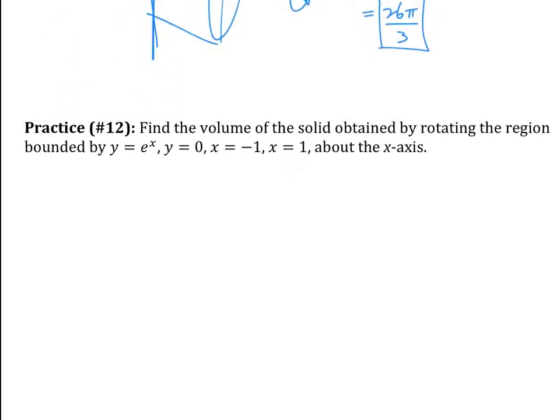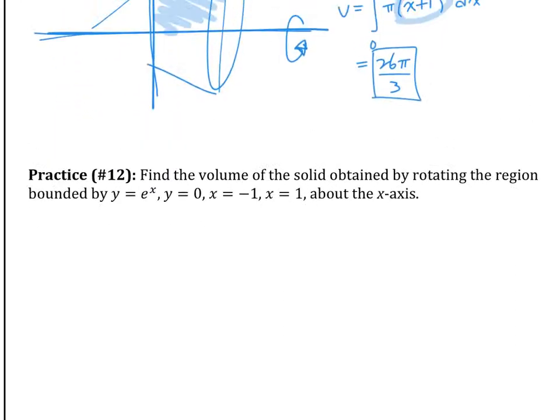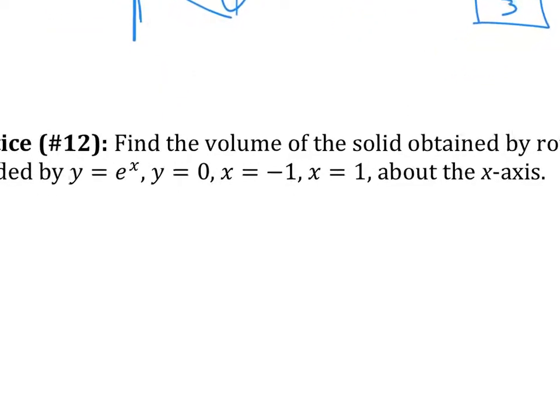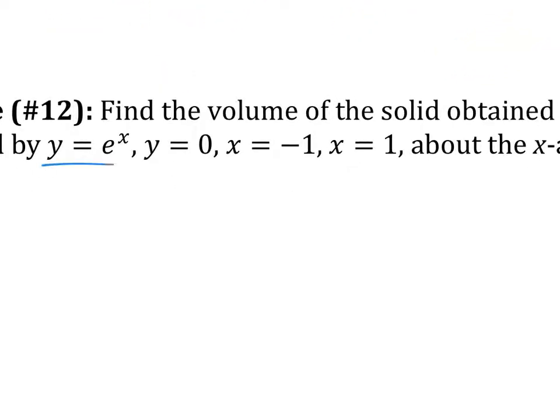Let's try another one. Find the volume of the solid obtained by rotating the region. Again, please just write down the essential parts. This graph, these 3 limits, and about the x-axis. Okay, so let's talk about this a little bit because some of you got stuck on the integration.